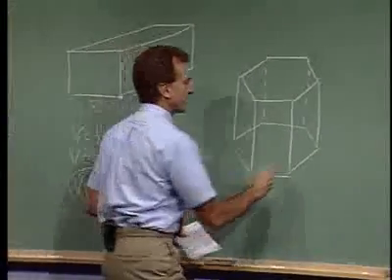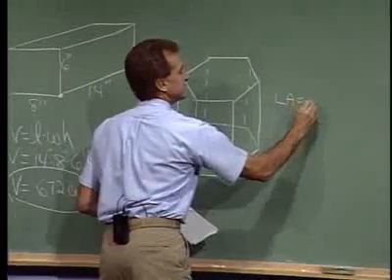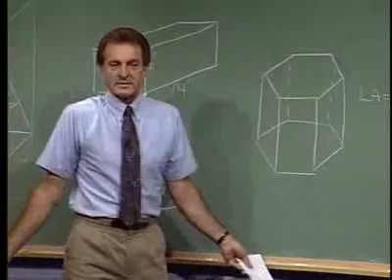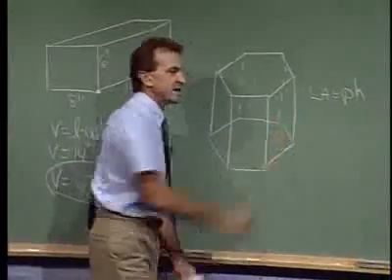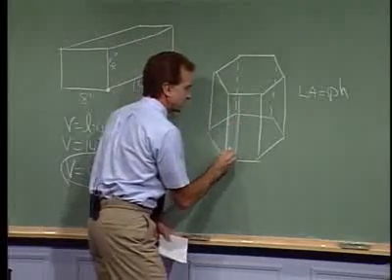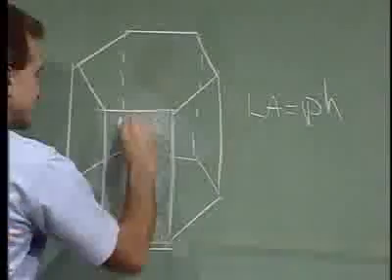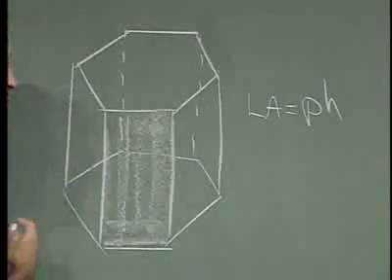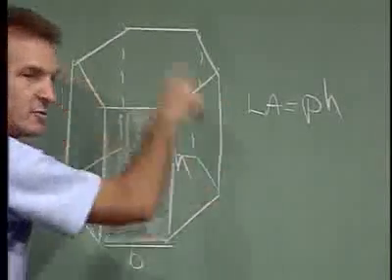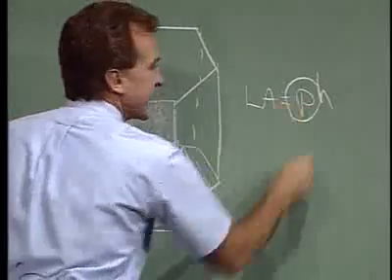So the lateral area, it says, is equal to the perimeter times the height. Well, look at what that is. That is simply a series of rectangles. That's all it is. You could find the area of one rectangle and then multiply it times how many rectangles you have. So instead of base times height and then times the number of sides, the perimeter takes care of it.